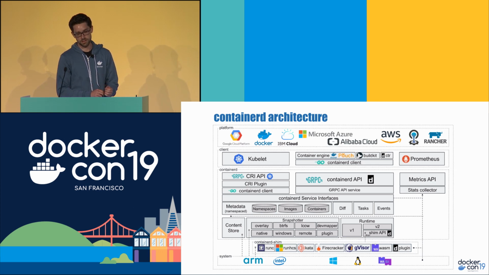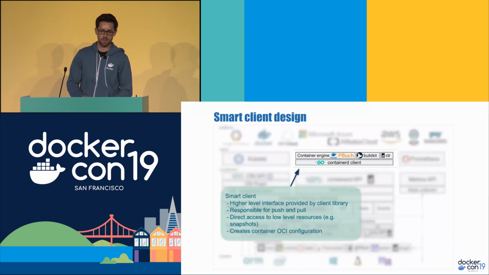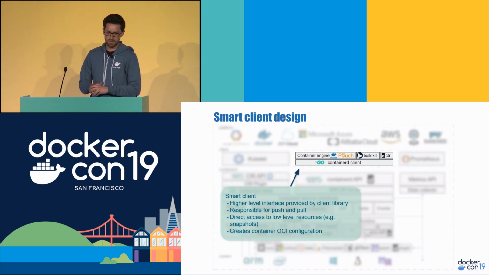We also have a CLI tool, CTR. All of those will use our Go Container D client to actually talk to the Container D daemon. And then we have all of our composable parts inside the daemon. I'm going to start talking about the smart client design that we have first.